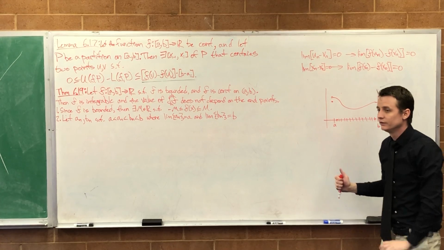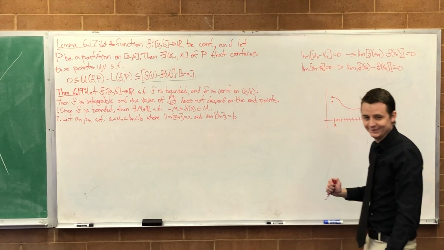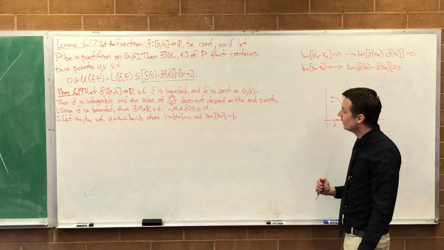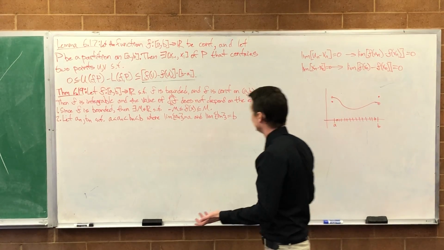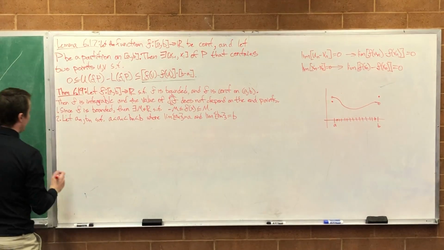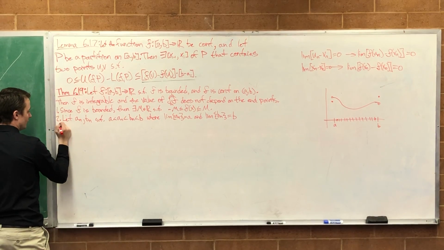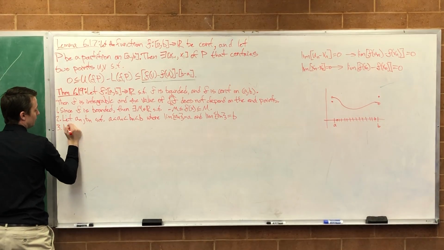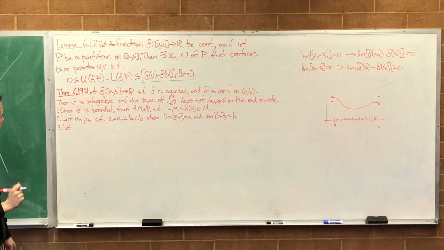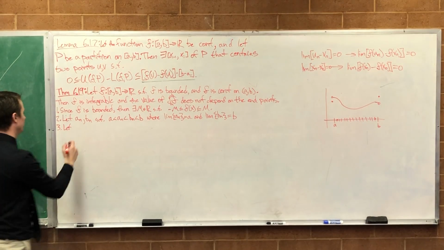Make sense so far? I'm not sure where I'm going with it, but then we're going to want to define a partition from a_n to b_n. But we're also going to need a partition that includes a and b, so we'll use a prime for this one.